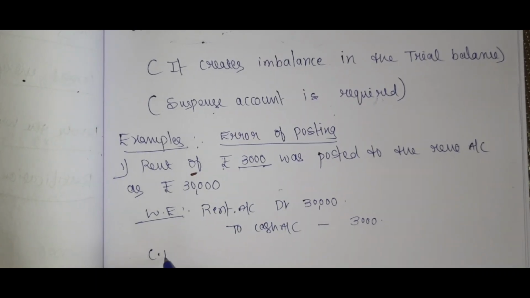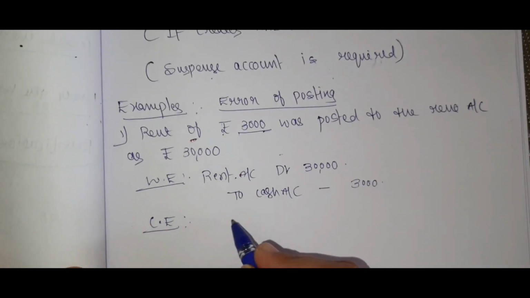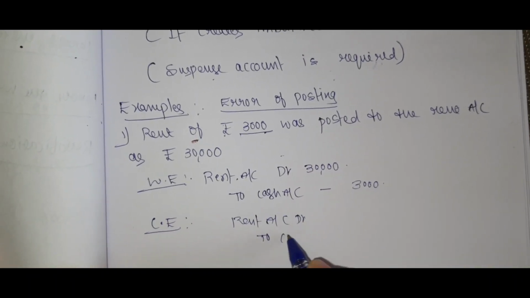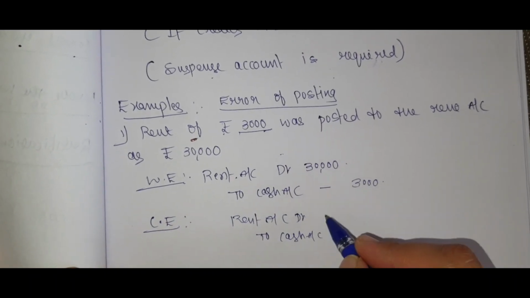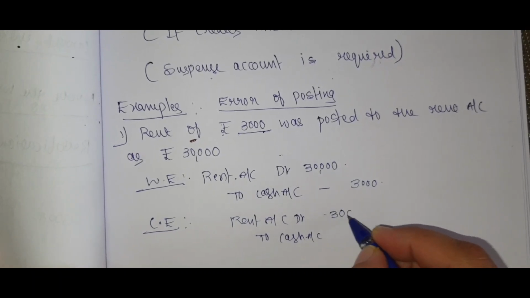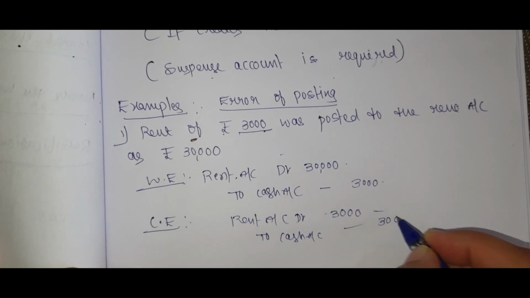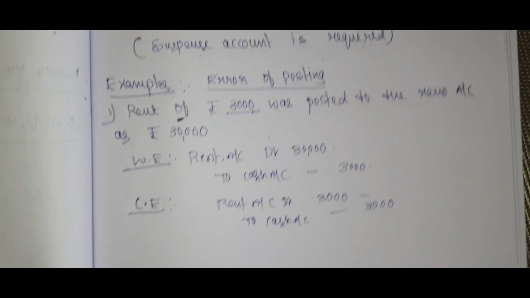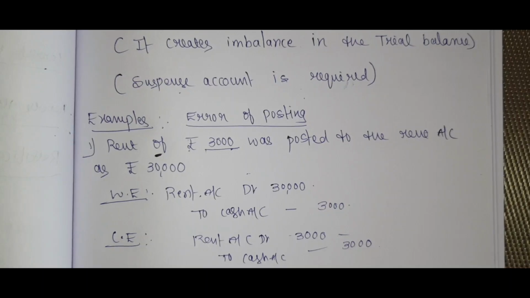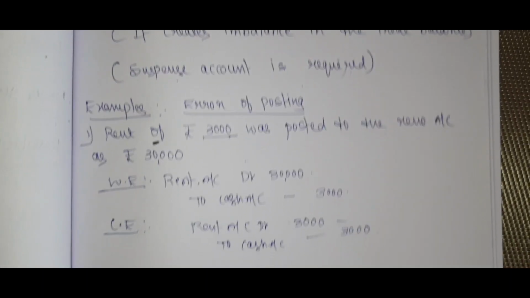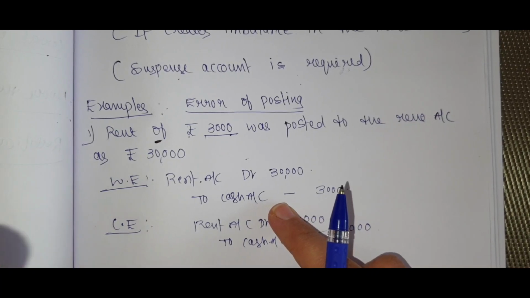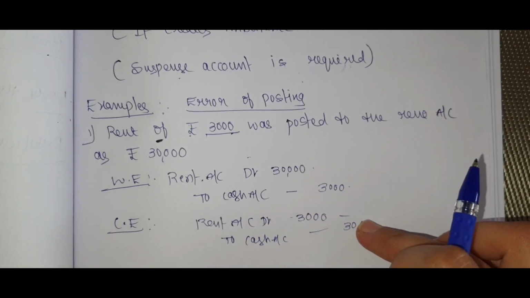What is our correct entry? Our correct entry is rent account debit to cash account. The journal entry is the same, but the amounts are different. As per the correct entry, our amounts should be rupees 3000. So here the rent account is affected, which means we need to open a suspense account. The rent account was over debited by rupees 27,000.